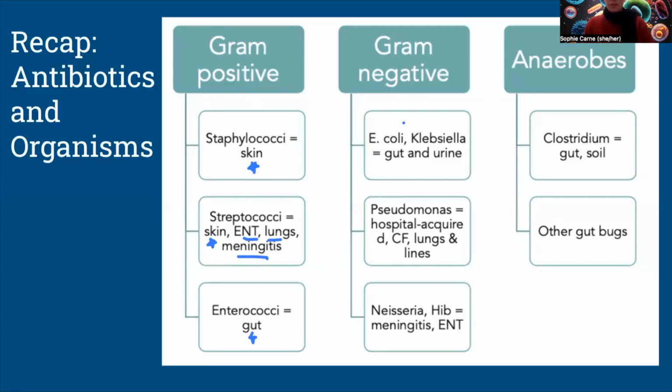Gram-negative organisms: gut, and hopefully not urine, for E. coli. Pseudomonas, Neisseria, Haemophilus influenzae, and then anaerobes, so Clostridium, and some other gut bugs too.